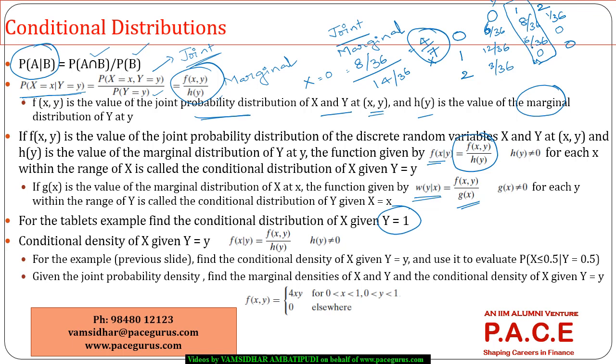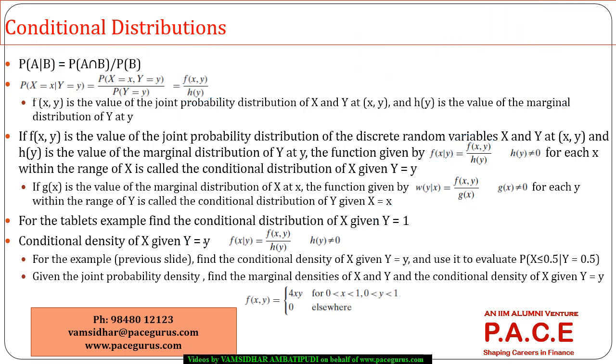Probability of x equal to 1 given y equal to 1 is 6 by 36 divided by 14 by 36, which is 3 by 7. Probability of x equal to 2 given y equal to 1 is 0. So that's how we find the conditional distribution of x given y equal to a specific value.